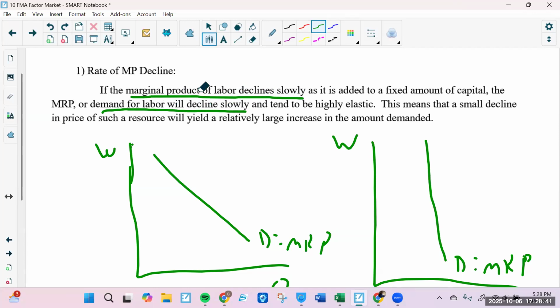So in other words, if marginal product declines slowly, then marginal revenue product is going to be more elastic. If marginal product falls quickly, then MRP is going to fall quickly. Easy to remember because they go the same direction. So the rate of marginal product decline affects the rate of the marginal revenue product curve.